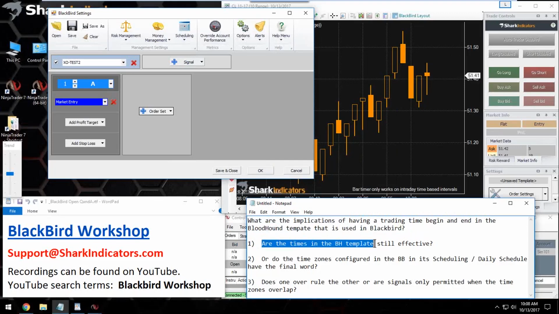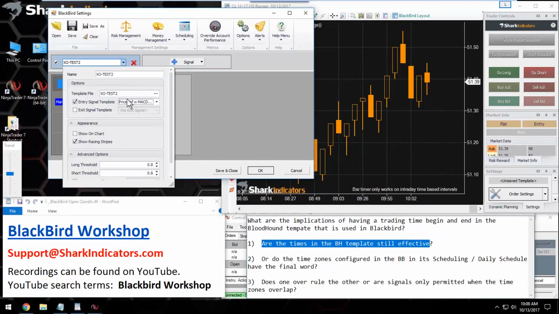So are the times in BloodHound template still effective? Absolutely. So Blackbird does not affect your BloodHound signals. Right, your BloodHound signals are unaffected by Blackbird.